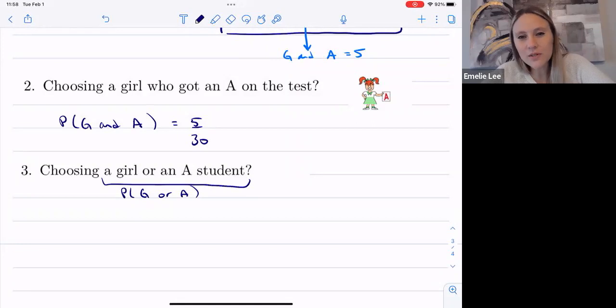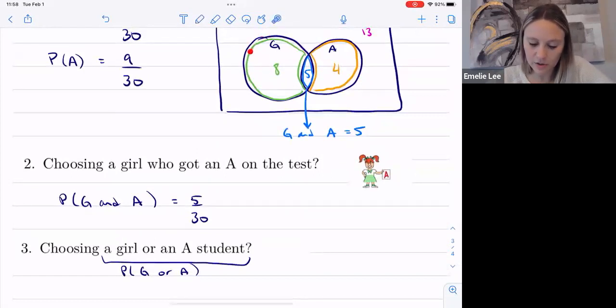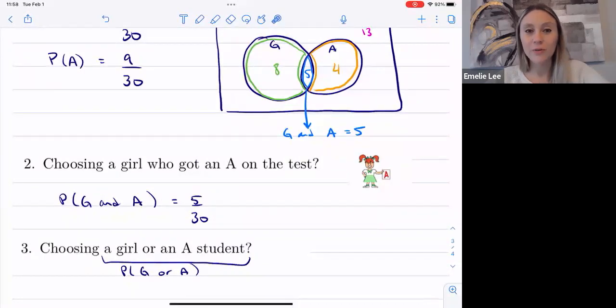But we could also use the Venn diagram. If we're looking at a girl or an A student, remember the or for us is always going to be G or A or both. That throws people off sometimes, but it's G or A or both.